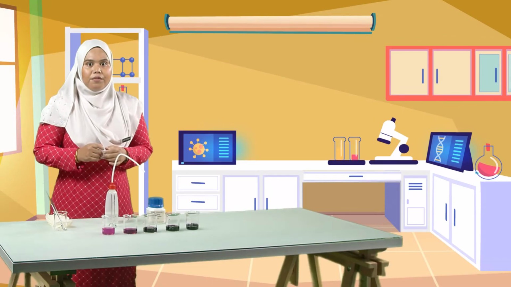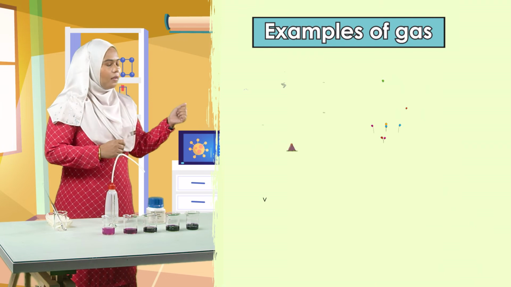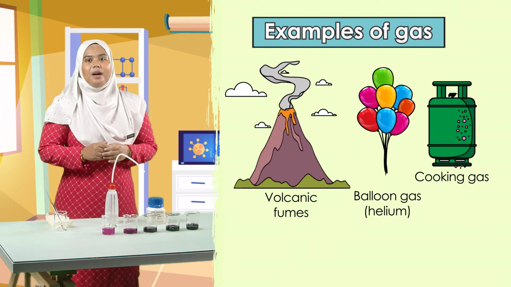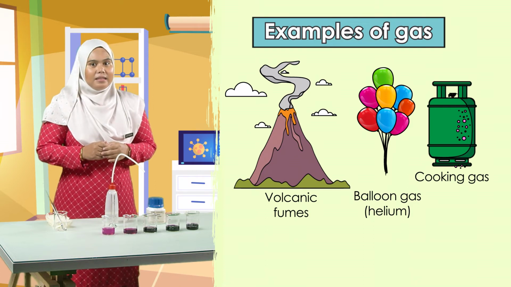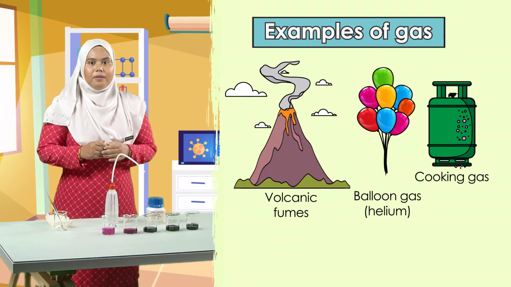Now, let's take a look at the examples of gas. Can you state some examples of gas from the picture? Yes, you are correct. These are examples of the state of gas that we can see in our daily life.